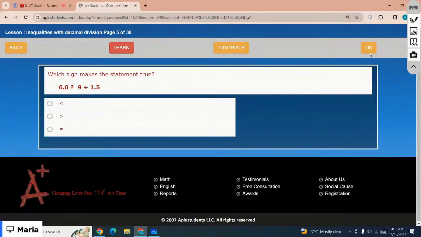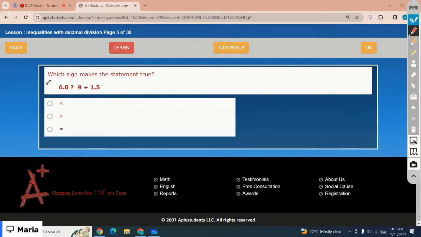Okay, the next one is you have to compare 6 and 9 divided by 1.5. So this is simply 6, right? You have to compare 9 divided by 1.5. When you remove the decimal point from the divisor, you have to move the decimal in both the divisor and the dividend by one place, right?